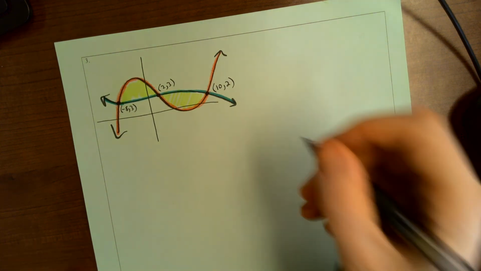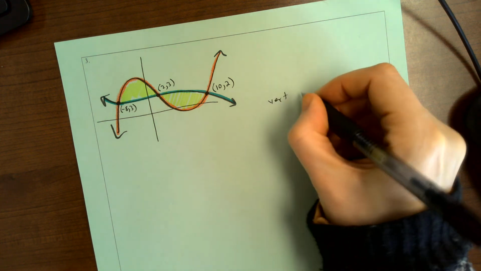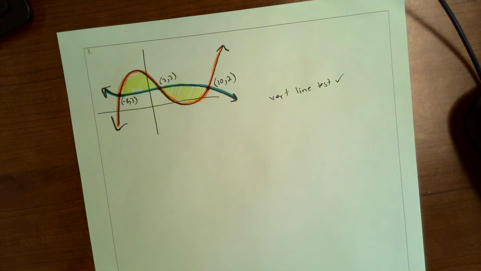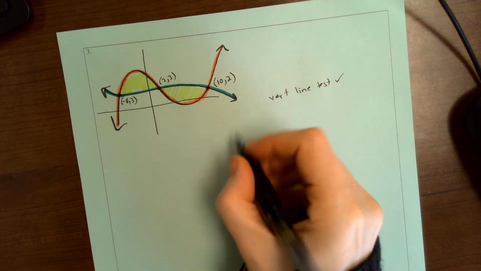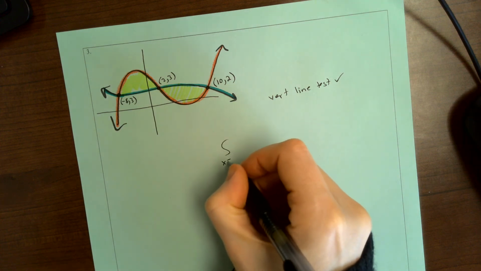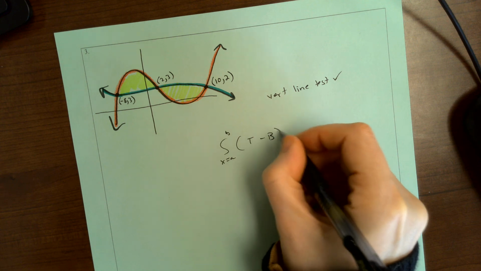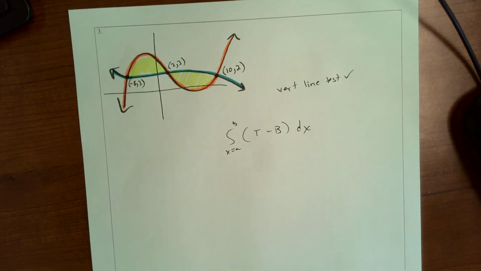So vertical line test, check. All right, so I'm using this formula. From x equals a to b, top minus bottom dx. Okay.